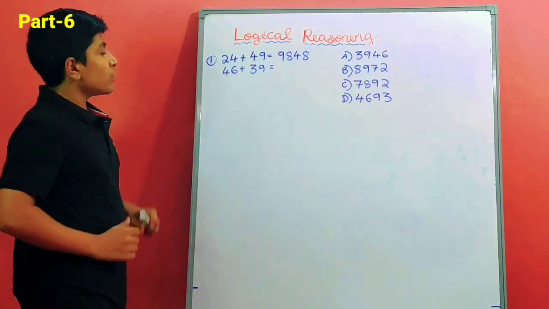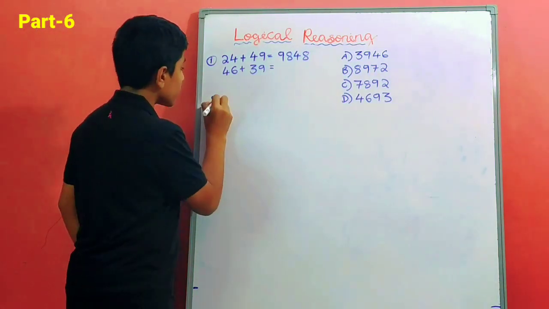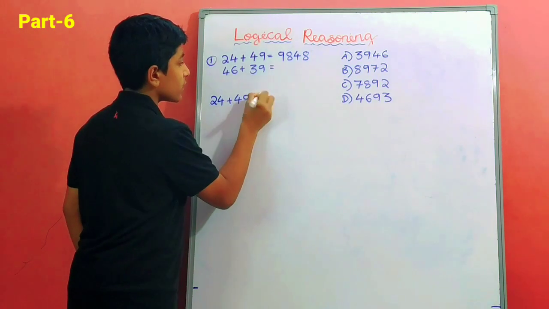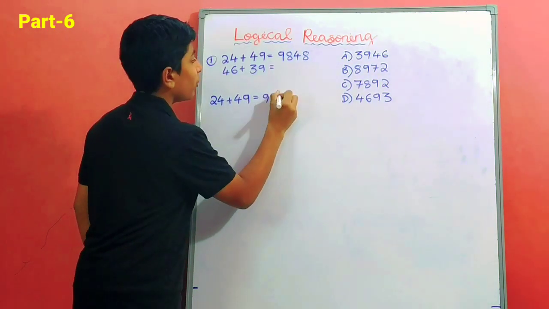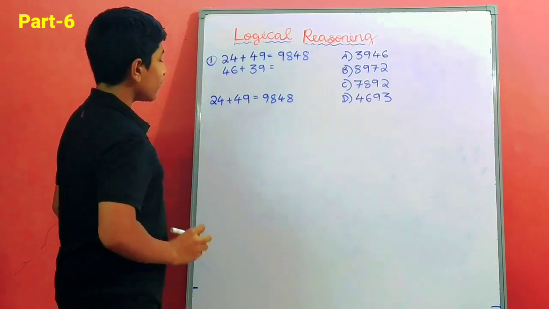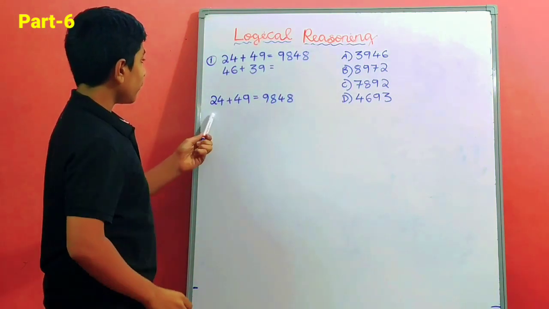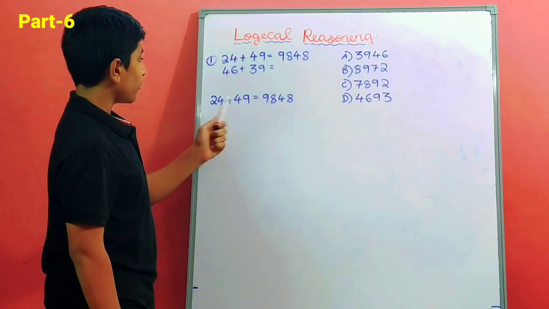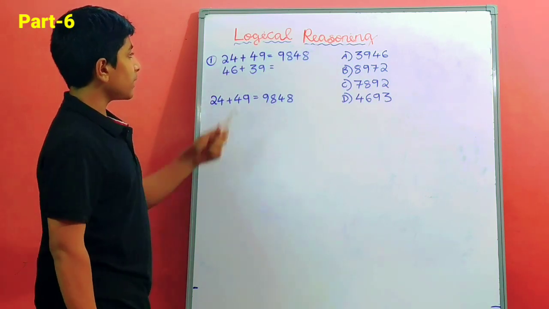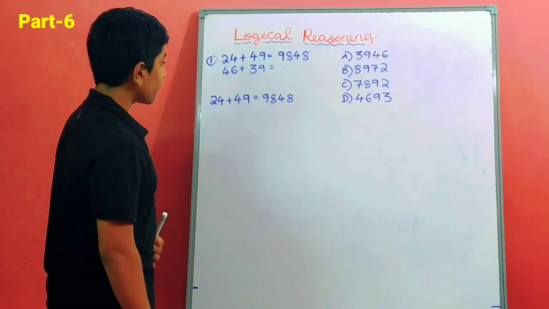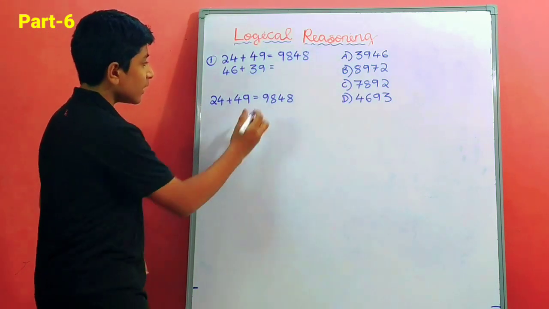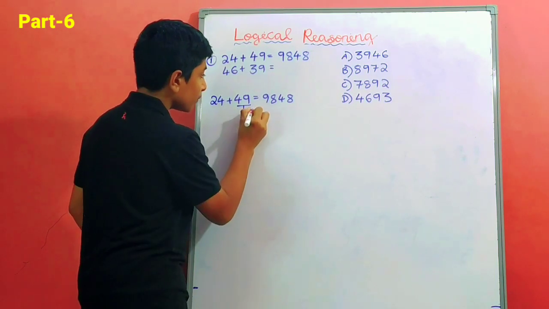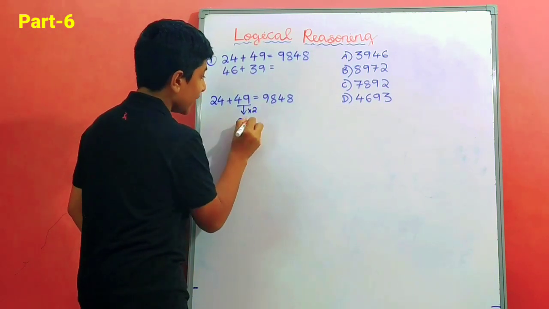Okay, so if you take the first equation, that is 24 plus 49 gives us 9848, and if we see, 24 times 2 will be 48 and 49 times 2 will give us 98.